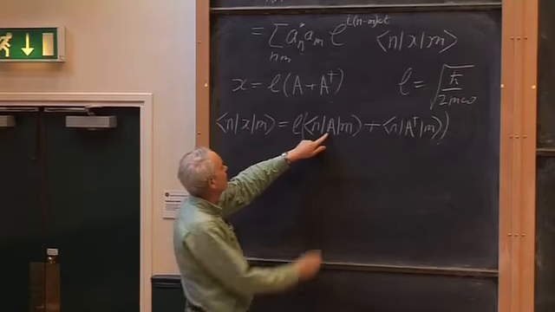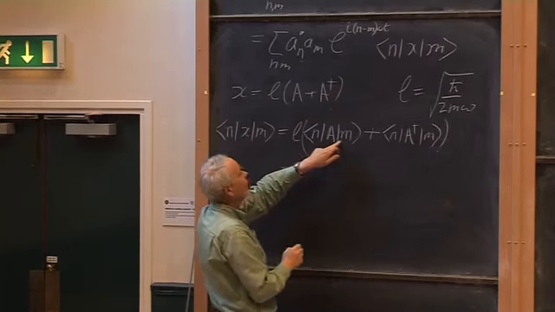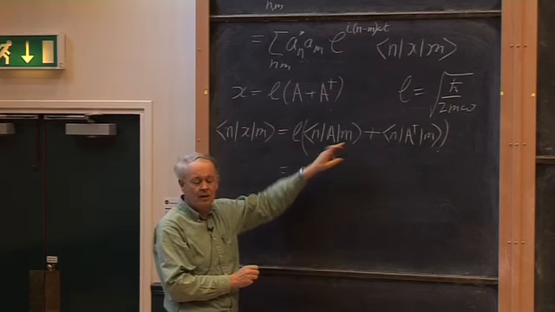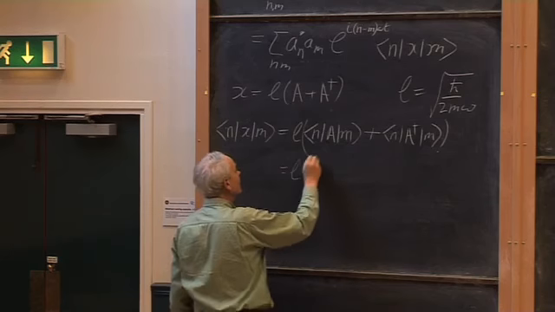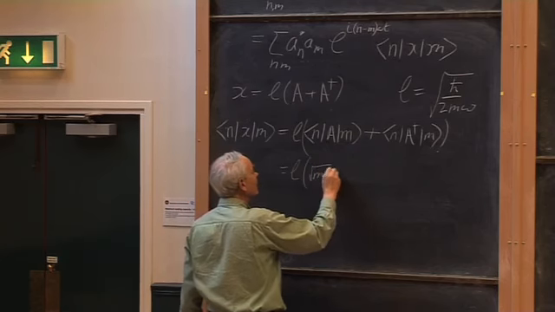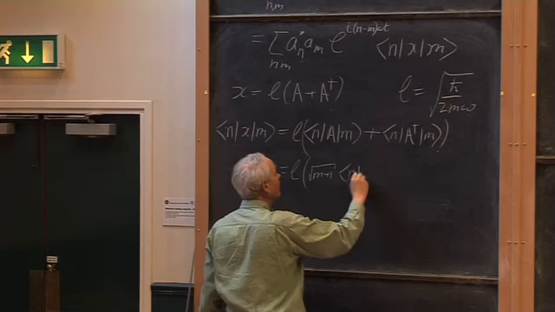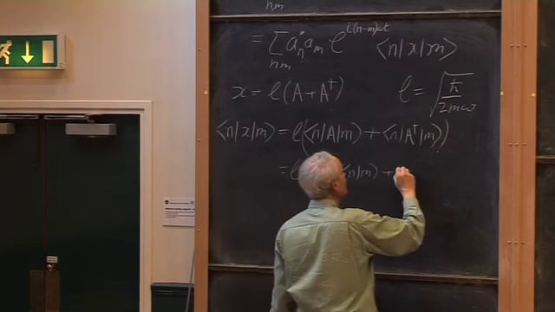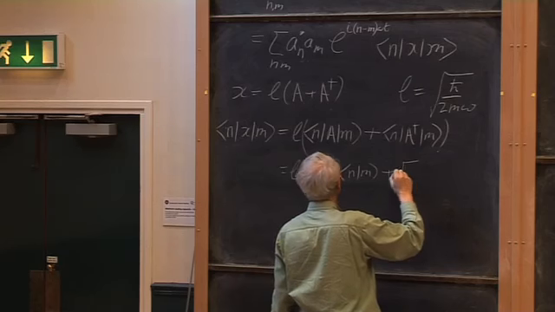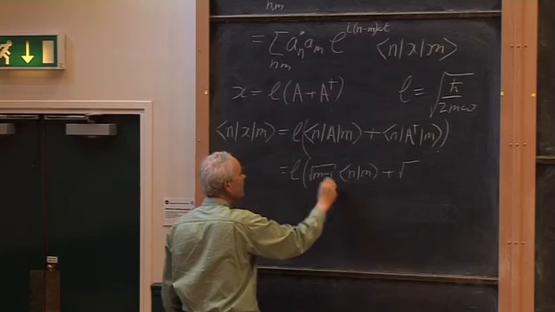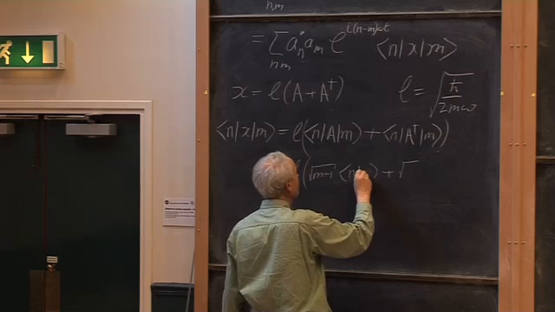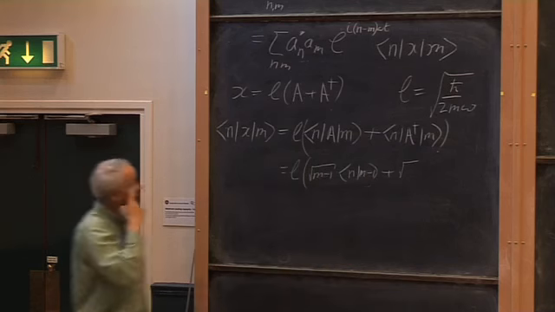And this, remember, a on m produces m plus 1 in an amount, the square root of m plus 1. So this is going to be L root m plus 1 of... excuse me, this a produces m minus 1. Whoops, m minus 1. Here I'm not concentrating at all. All right?